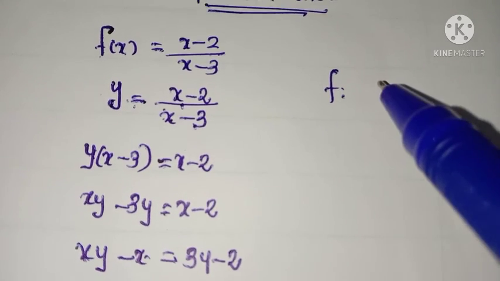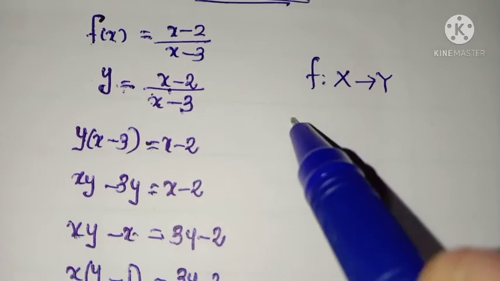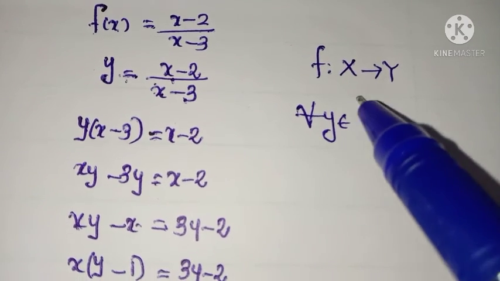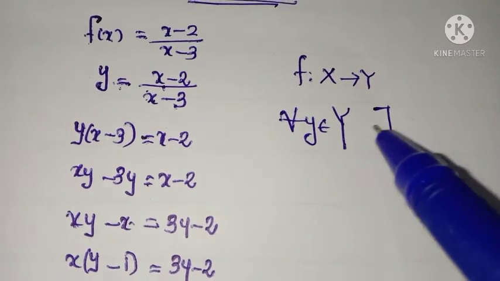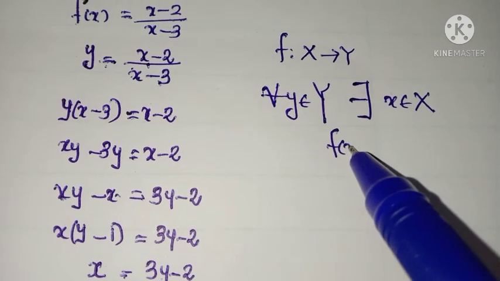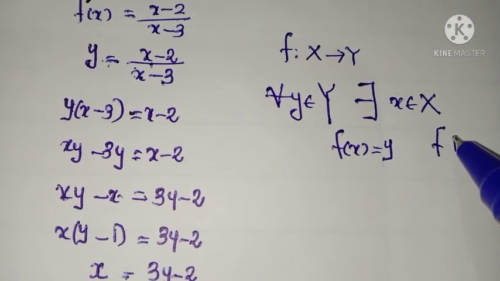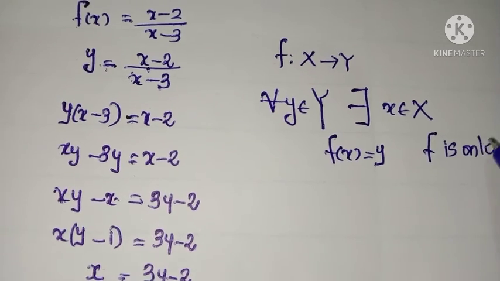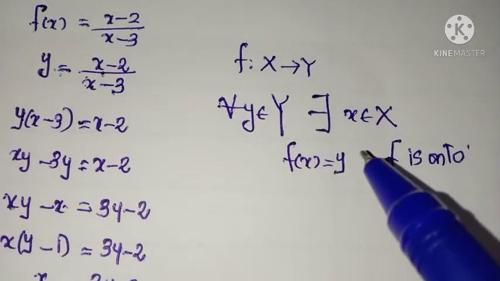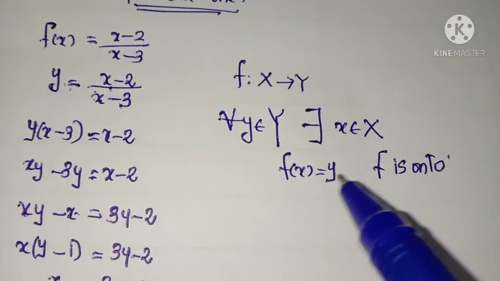Now listen, to prove onto. By definition, if f is a function from X to Y, then for every y belongs to Y, there exists an x belongs to X such that f of x equal to y, then f is onto. This is our condition or definition of onto. So in this problem, we are going to apply this condition.